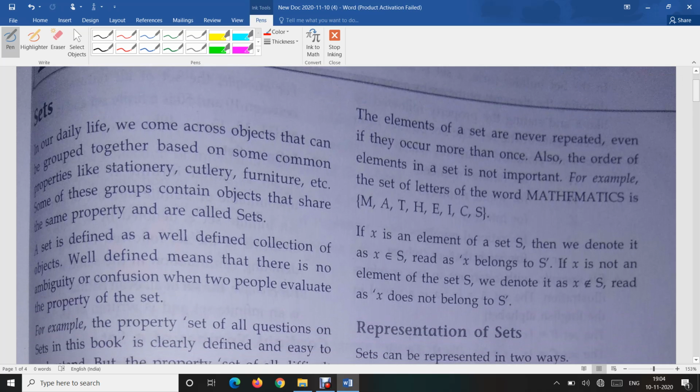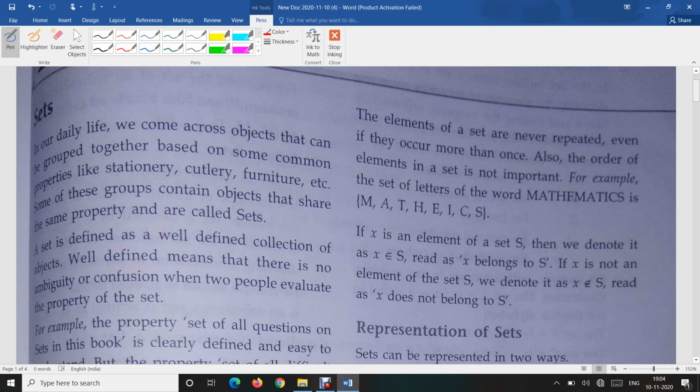See, in our daily life we come across objects that can be grouped together based on some common properties. That means things that have the same properties, or the like things, are grouped together, and the things grouped together are called sets.